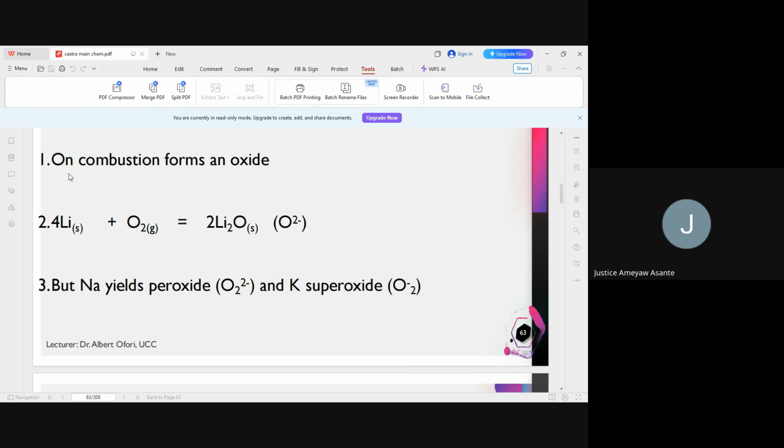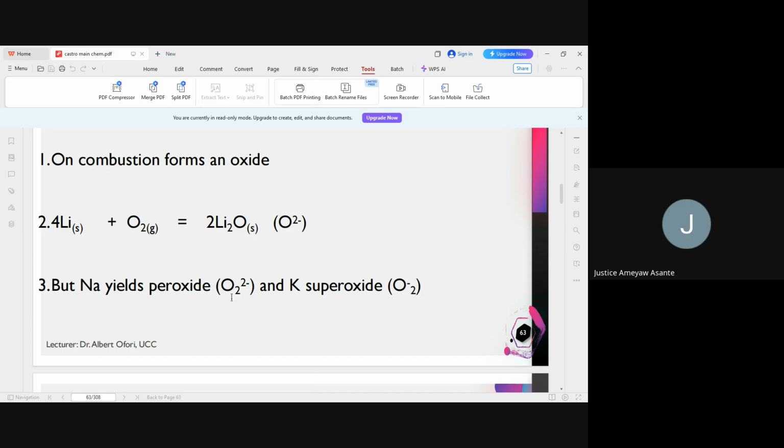So we are talking about combustion. So here should be an example of combustion. Are you not combining lithium with oxygen? Yes. And the oxide he's talking about, he's saying that this is the only type of oxide that lithium can form. But when you come to this, he was now explaining this type of oxides.